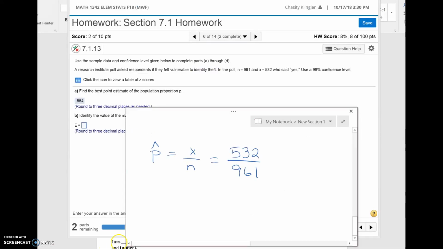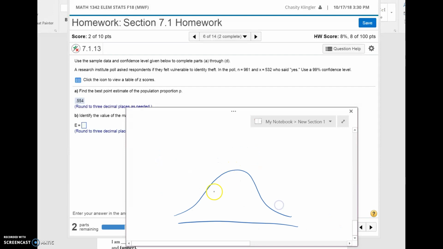And remember that the z alpha divided by 2 has to do with your confidence level. So if we have a 99% confidence level, that means we got 0.99 here centered in the middle, which means the two tails are going to be split with 0.01.